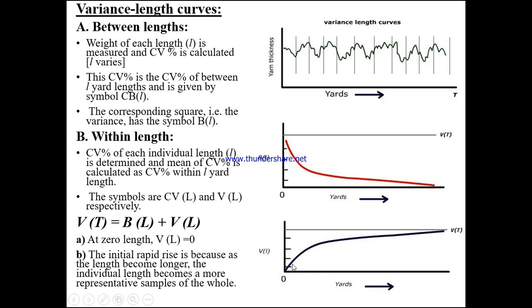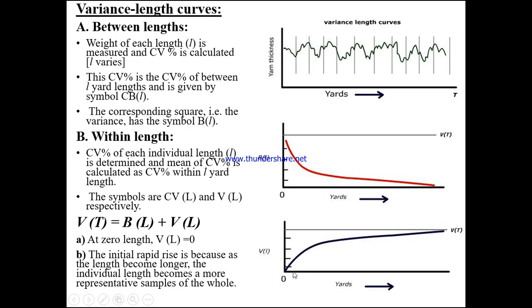And in case of variation within the length, the next graph, bottom one, you will see as the cut length is increasing, in the zero cut length, the variation within the length is zero, minimum zero.